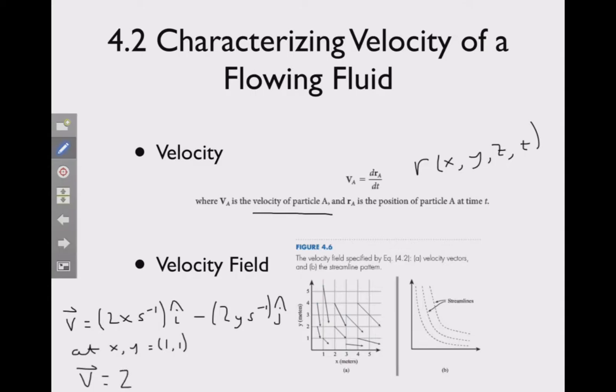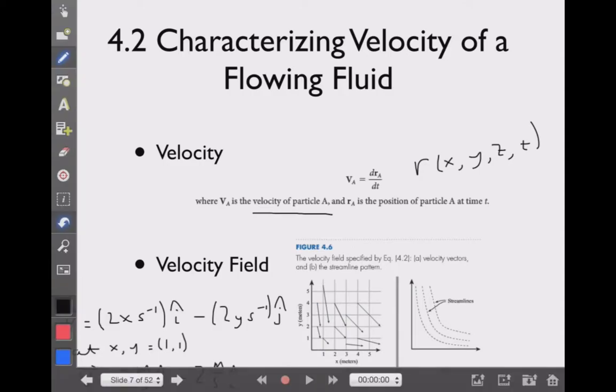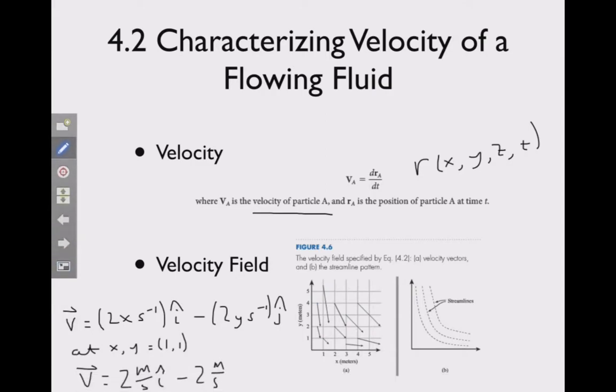These would be in meters, as you can see in the plot here on the right. 2 meters per second in the i hat direction, in the positive x direction, and 2 meters per second in the y direction. I'm sorry, let me just make that a j. That's the j hat direction, the y direction.